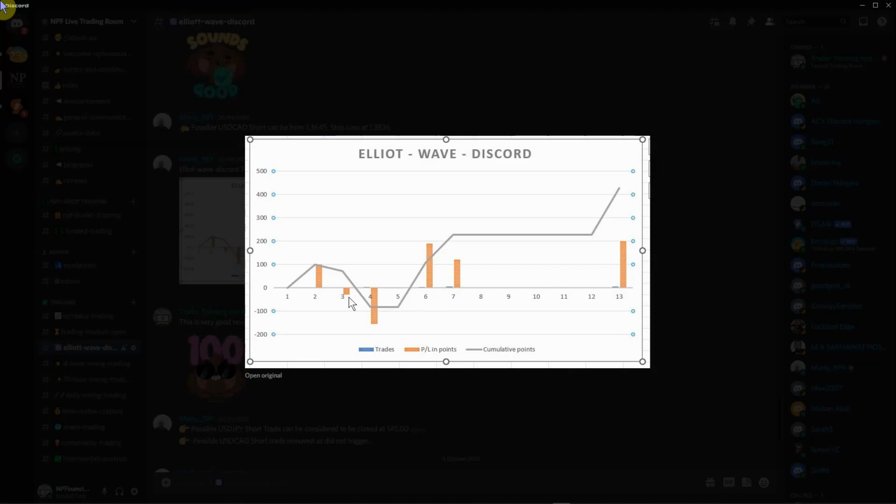And this Elliott wave new channel, mostly it was Marty's contribution 100%, and cumulative points are here, and then 400 points, that is 4% on a $10,000 account with the drawdown of 1.5%.